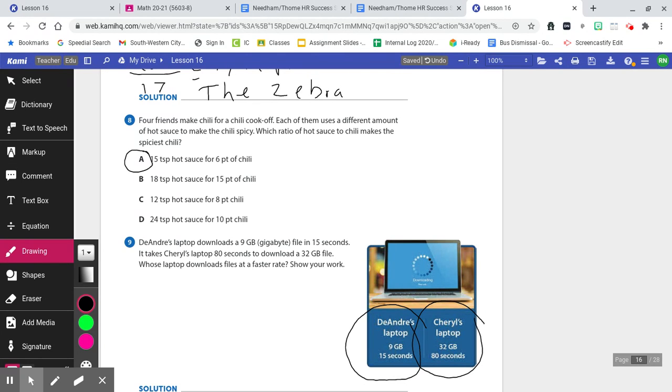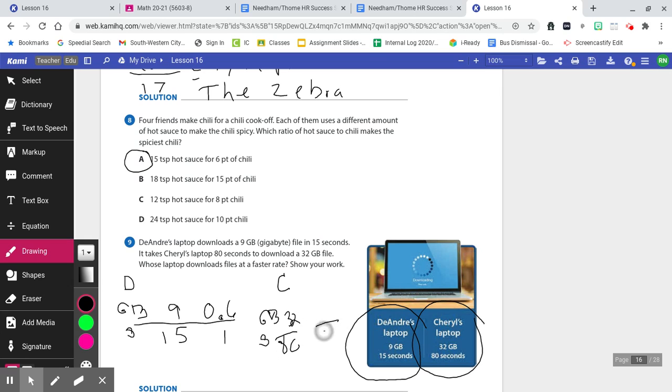Okay, hopefully if I did this one, Deandre's, I could have done gigabytes to seconds. I could have done 9 gigabytes for 15 seconds, and I want 1 second, so I divide by 15, and I get 0.6. On Cheryl's, I have gigabytes and seconds, and I have 32 gigabytes to 80 seconds.